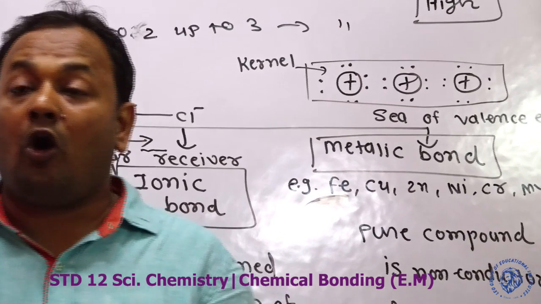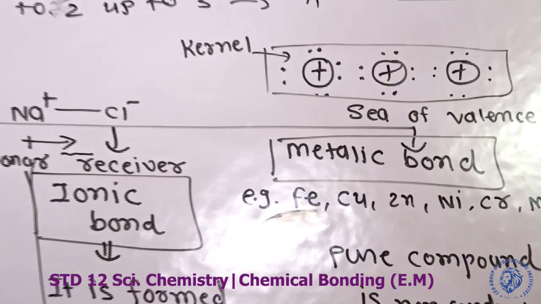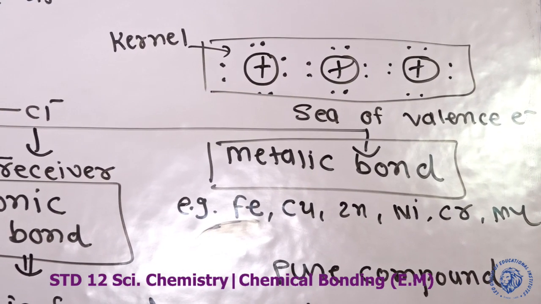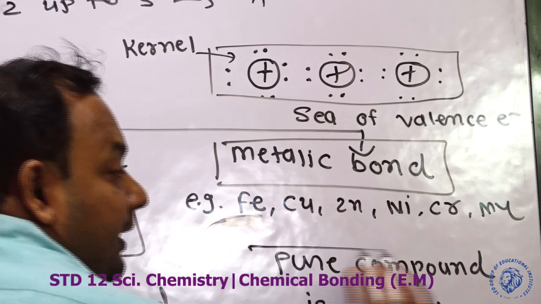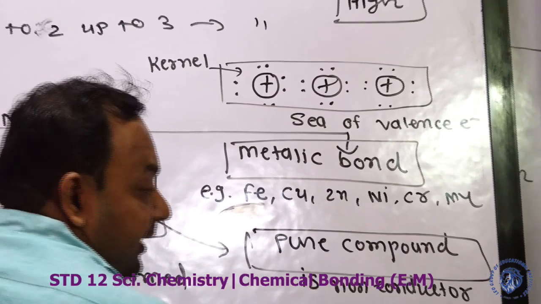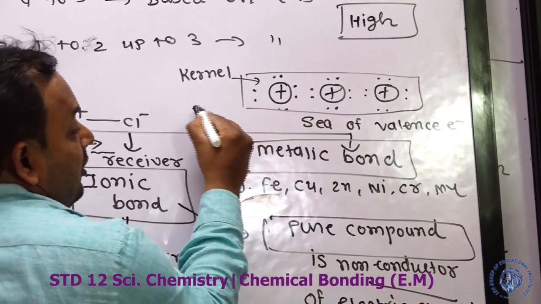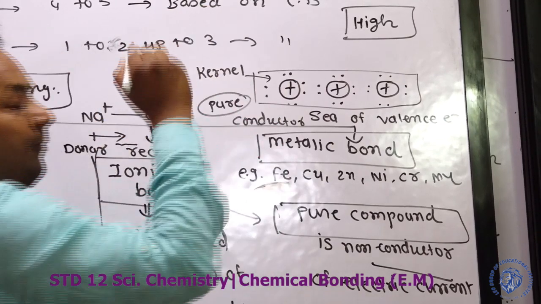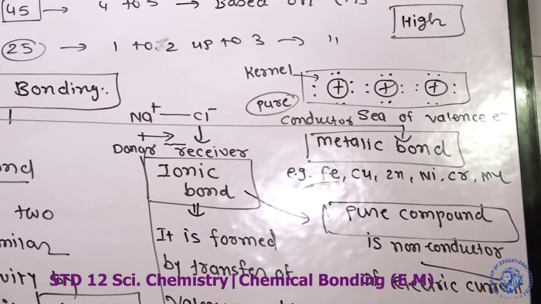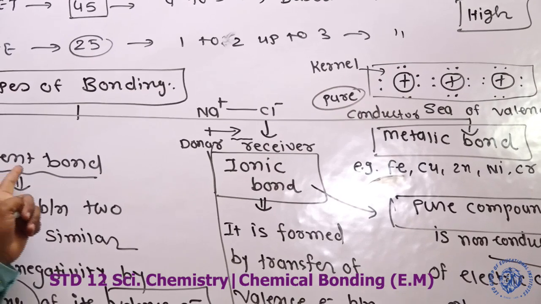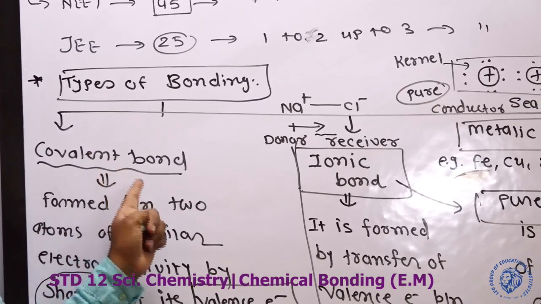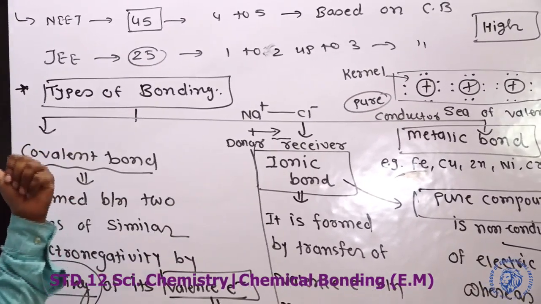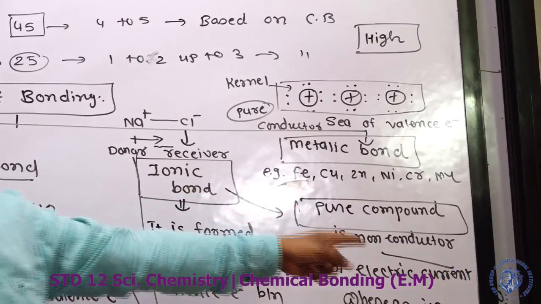Due to this, metals are conductors of electricity even in pure form, whereas the pure form of an ionic compound is a non-conductor. So today we studied the covalent bond, its types, the ionic bond, its effect, and the metallic bond.